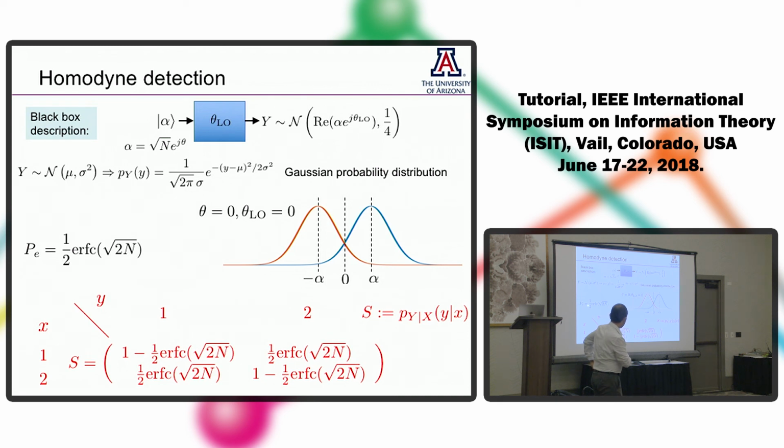You're going to get 1/2 erfc of square root of 2 n bar. This is the probability that if I send minus alpha, your Gaussian outcome will lie in this regime over here in the tail, so that you will guess it as alpha. That's very simple. We have seen this formula many times in other contexts. Questions? Okay.